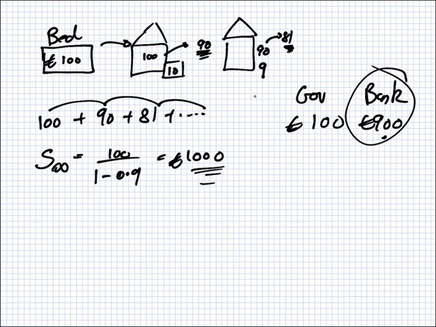Now, I know this is how it works in Western countries. I don't know if it's a little bit different in countries that have halal banking. It's kind of similar, but we don't have interest rates.